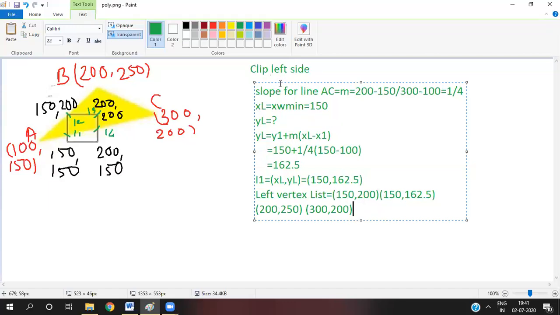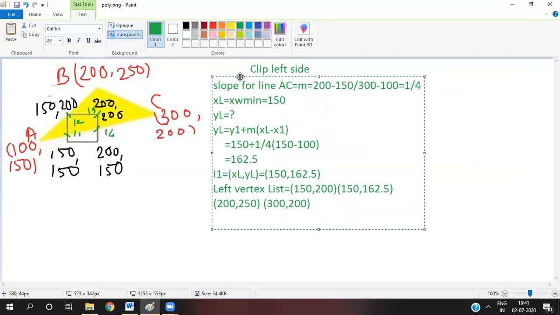Then we need to move ahead to the next step. We will first deal with the top side, so clip the top side. If you observe, while clipping the top side, we are moving from A to B and B to C, then C to A. Both the points are outside.